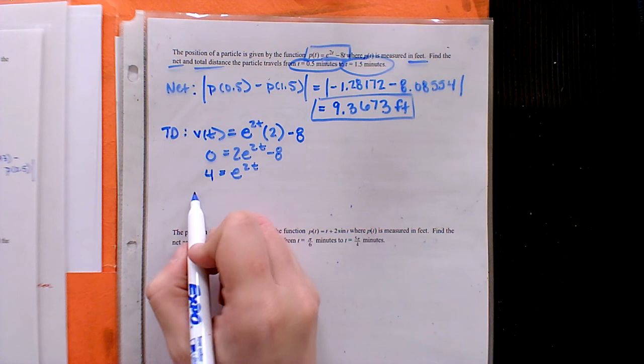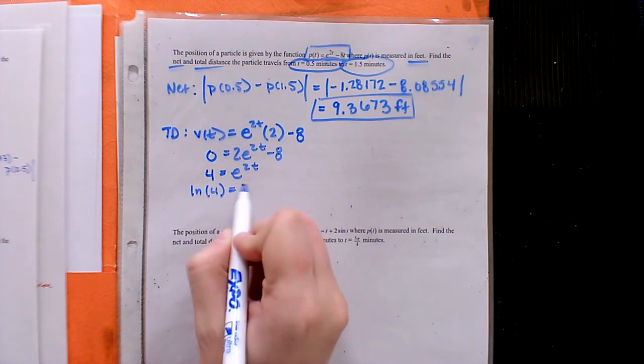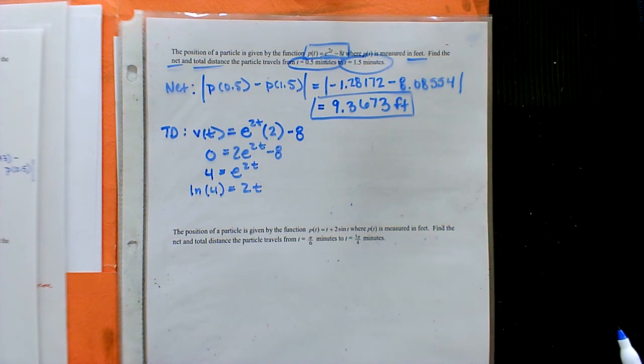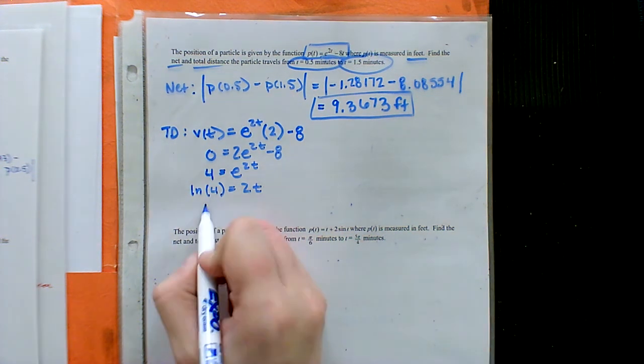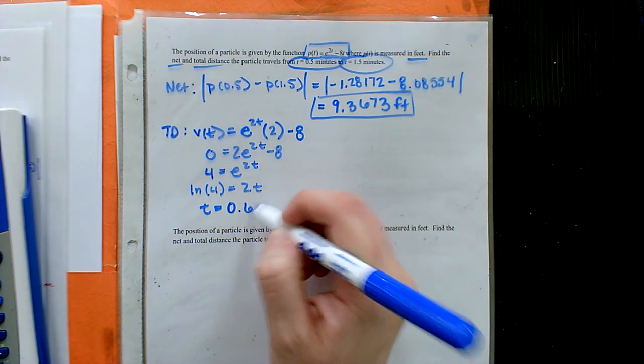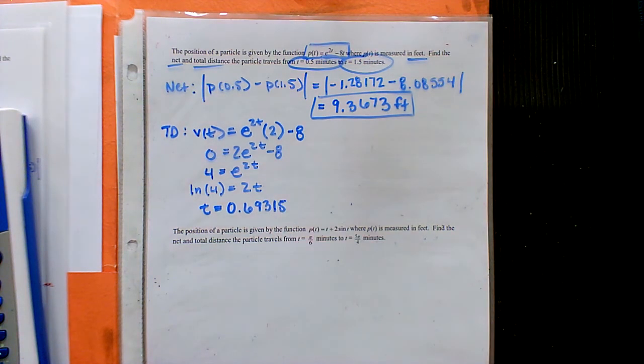Move the e over, becomes a natural log. And then we'll divide by 2. So on our calculator, we got to type in natural log of 4 and then divide that by 2. 0.69315.